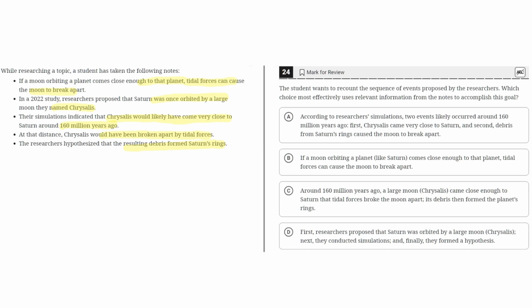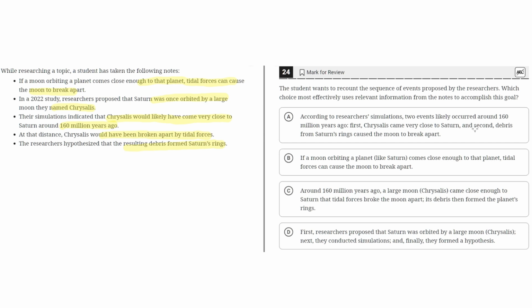So option choice A says, according to researchers' simulations, two events likely occurred around 160 million years ago. First, Chrysalis came very close to Saturn, and second, debris from Saturn's rings caused the moon to break apart. This is incorrect because, for one, it doesn't really recount the sequence of events, it simply lists two events that occurred 160 million years ago.